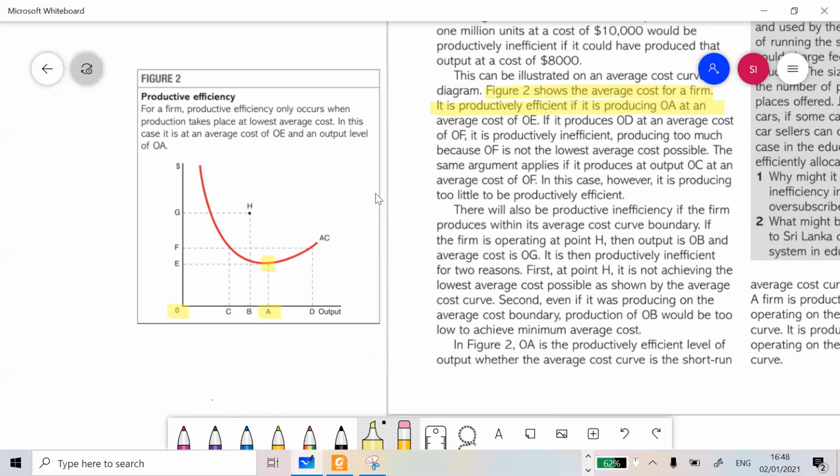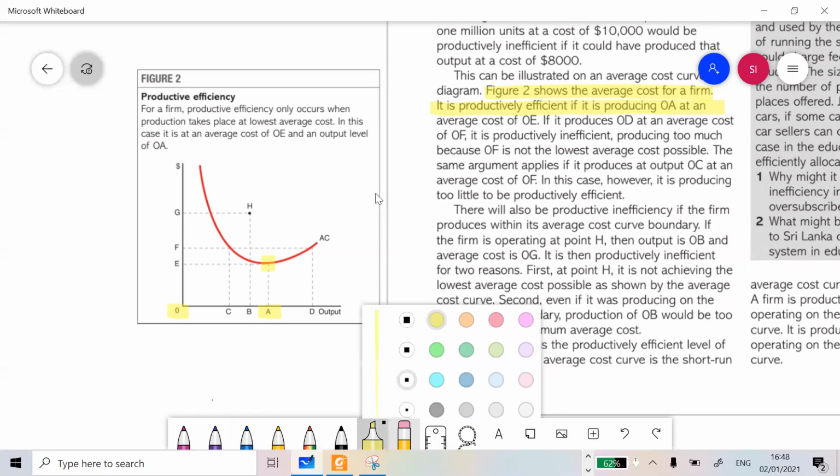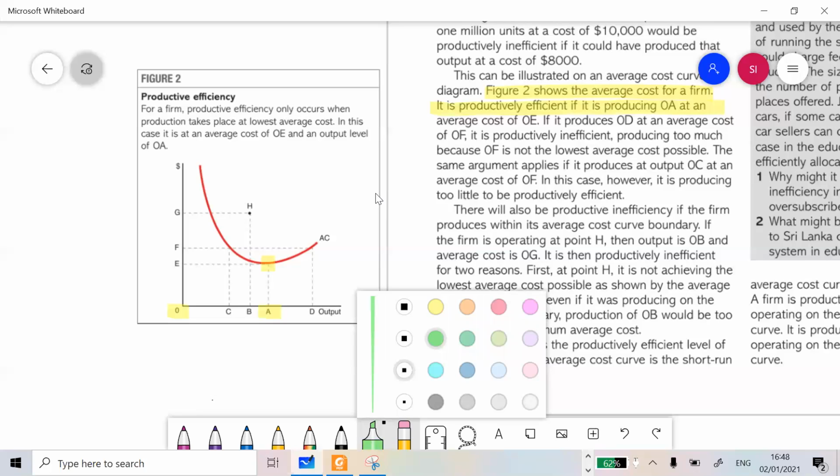If it produces at 0D at an average cost of 0F, so at this particular point of 0F and 0D, where is 0D? Over here.